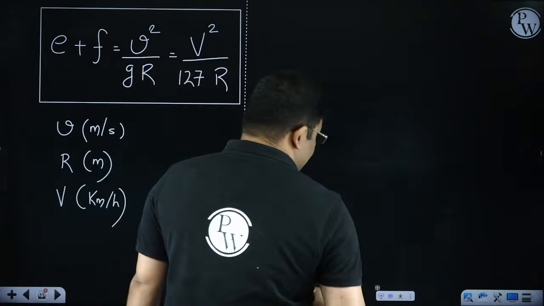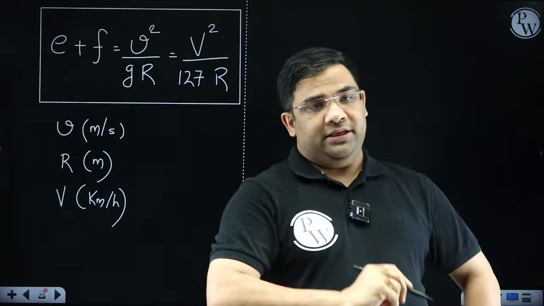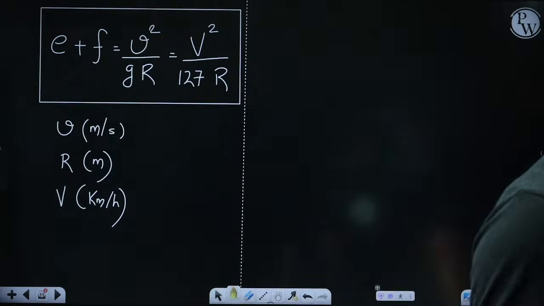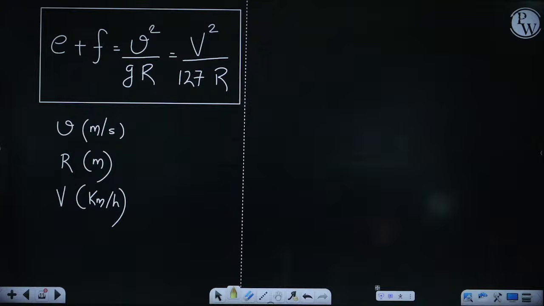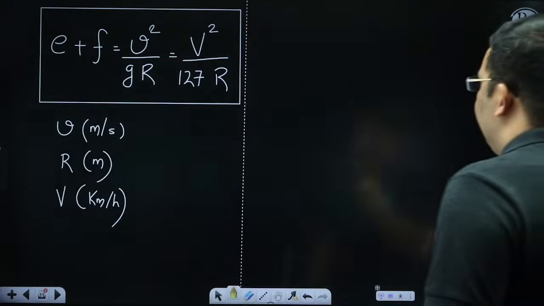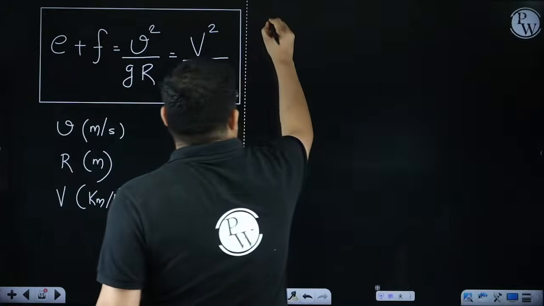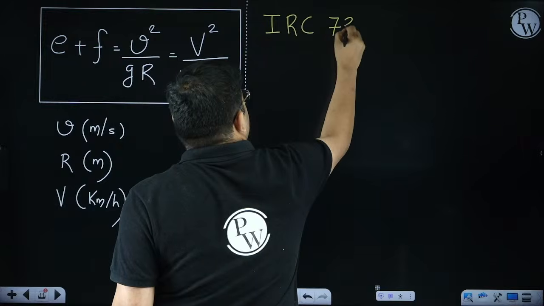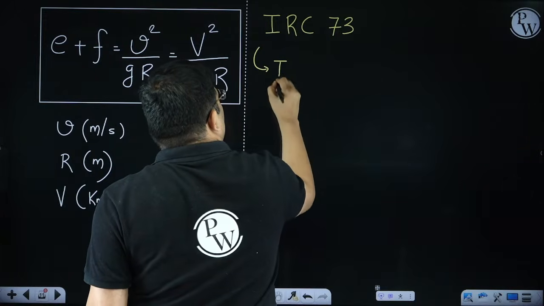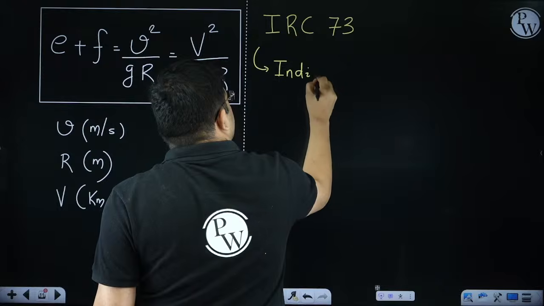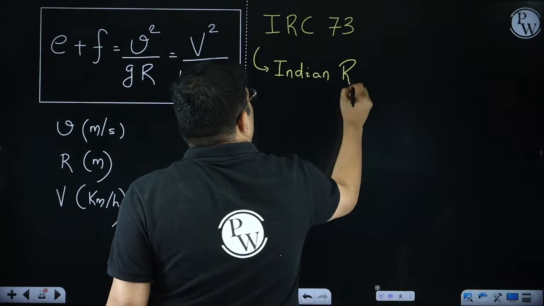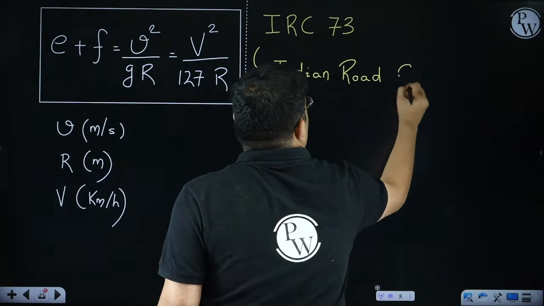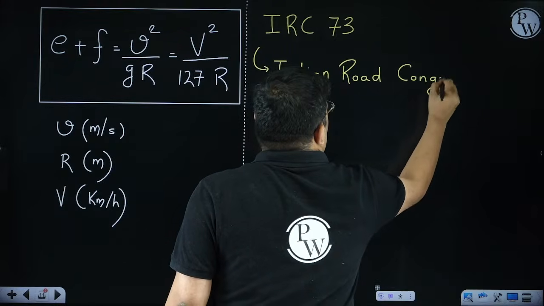Now there is some IRC recommendation in this, which is very important, and we should know that. Which IRC? This is IRC 73. What is IRC? IRC is Indian Road Congress.